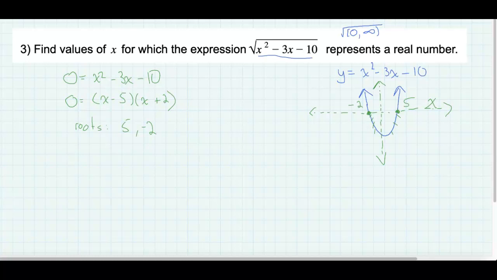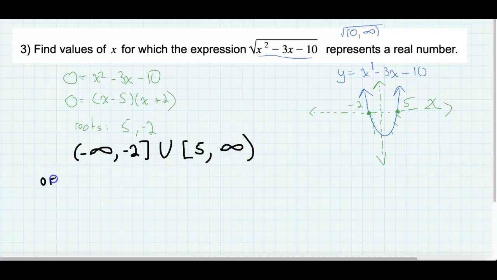So we just need to wrap this up and ask what values work for x. If I'm expressing it in interval notation, it goes from negative infinity to negative 2, and we're including that value, and then the union of 5, including 5, and then we go to infinity.